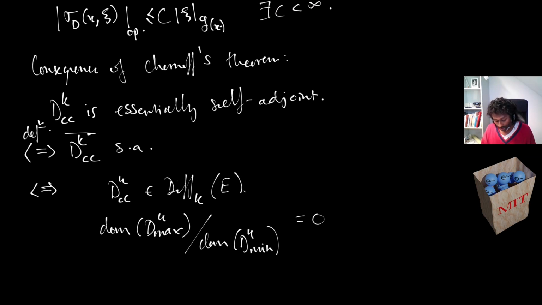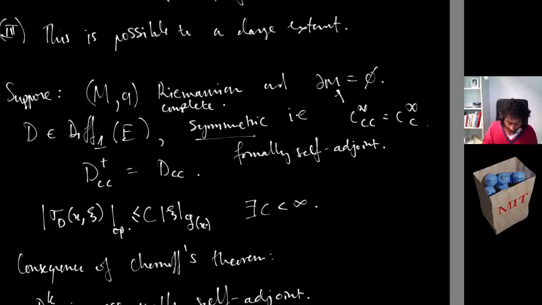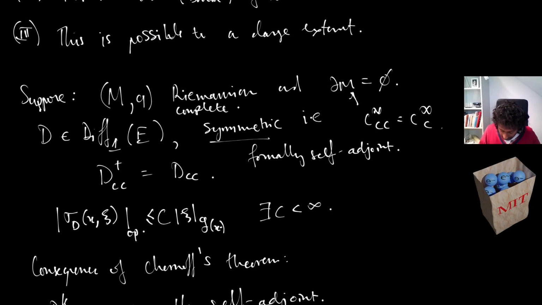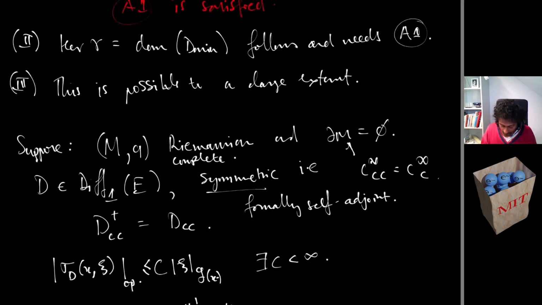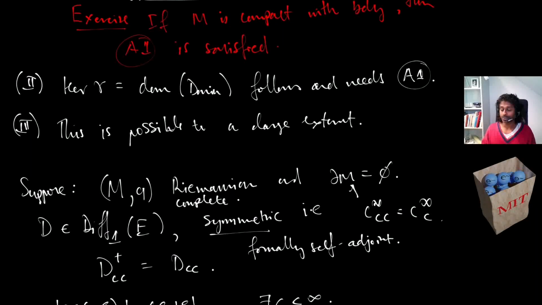Okay, so the closure being self-adjoint, that's really saying that compactly supported smooth sections are dense in domain D max. That's what this quotient is really telling us in the boundaryless situation. So anyway, sorry, I didn't really prepare to talk about this correspondence between complete metrics and complete operators, but that's really where the language comes from.